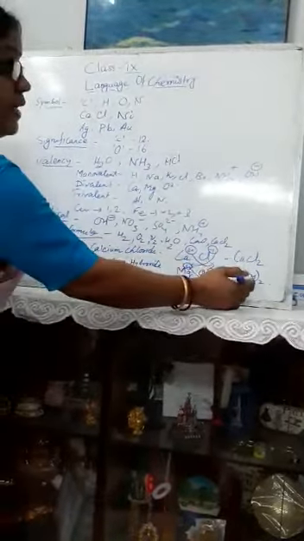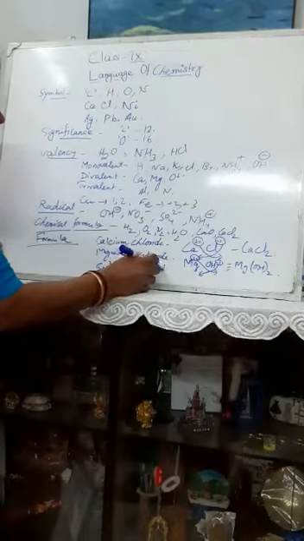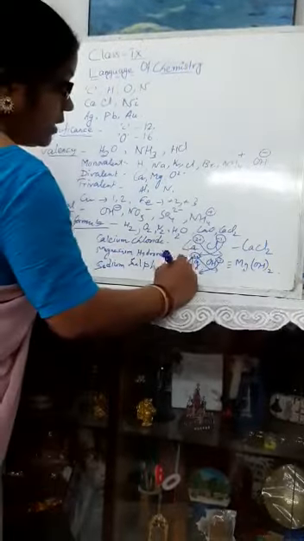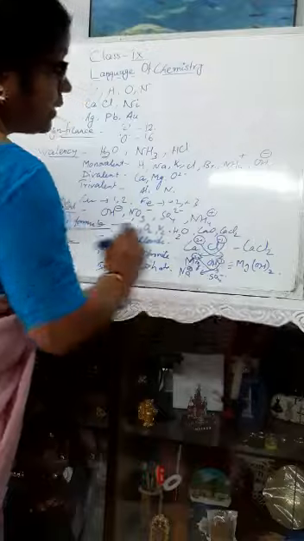Now if we write, suppose, sodium sulfate. Now you know the symbol of sodium is Na and that of sulfate is SO4.